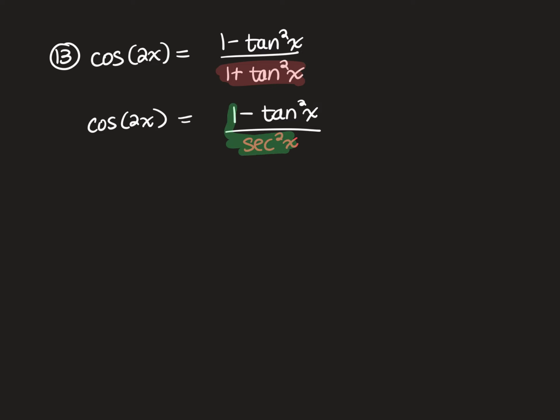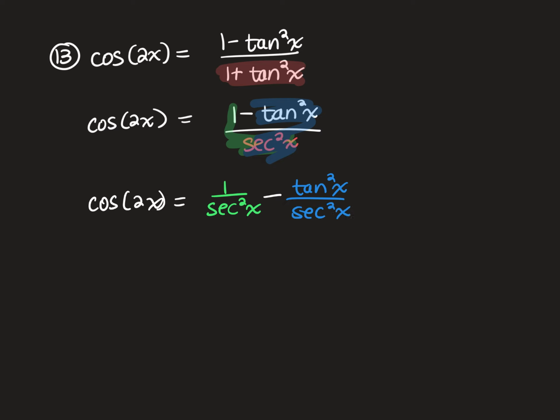So you could split up the fraction so you have 2 fractions here, okay? So what I could do is change that 1 minus tangent squared over secant squared into 1 over secant squared minus, and then tangent squared over secant squared.